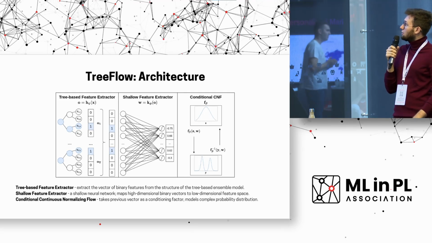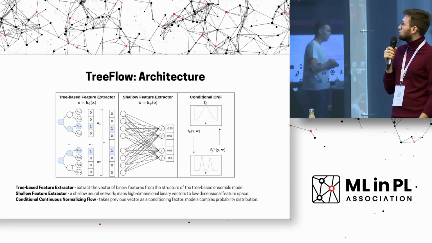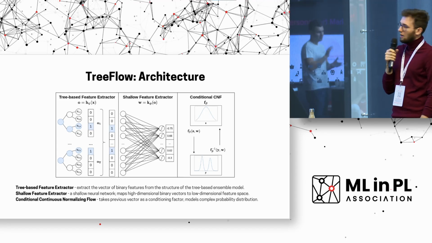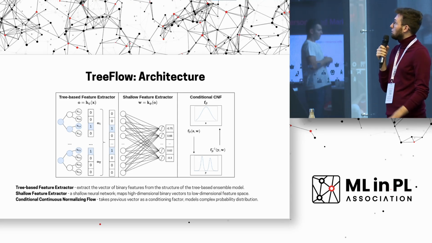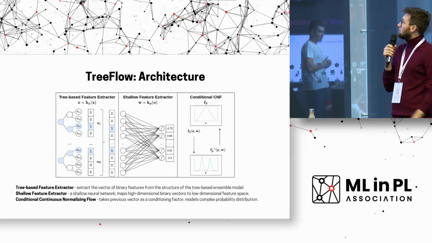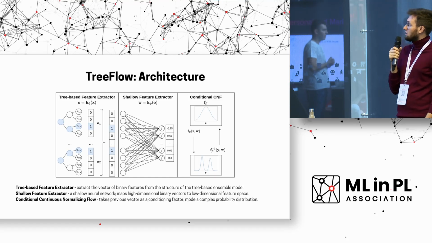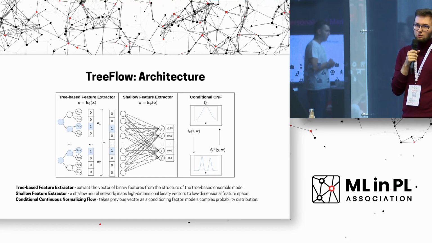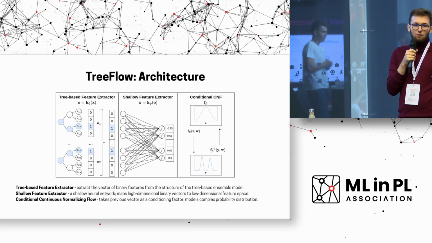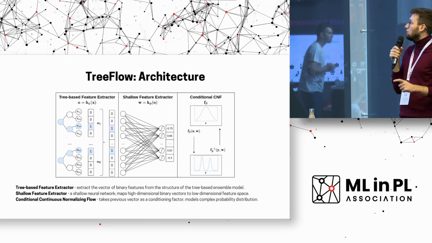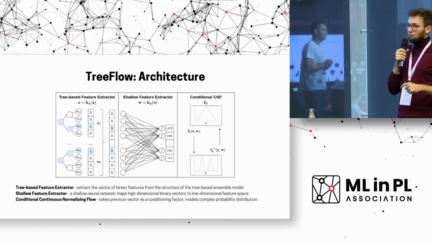The first part extracts a vector of binary features from the structure of the tree-based ensemble model. In a moment I will go into the details of the training, so I will talk a bit more about this one. The second part is the shallow feature extractor. This is a shallow neural network, a two-layer MLP, that maps this high-dimensional vector from the tree ensemble to a lower-dimensional feature space.